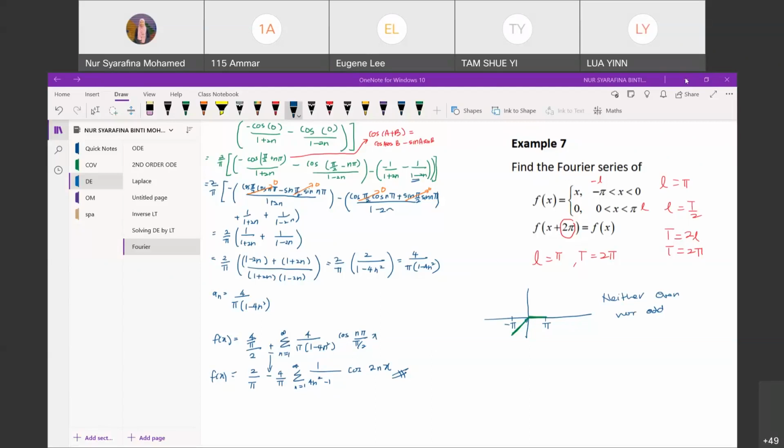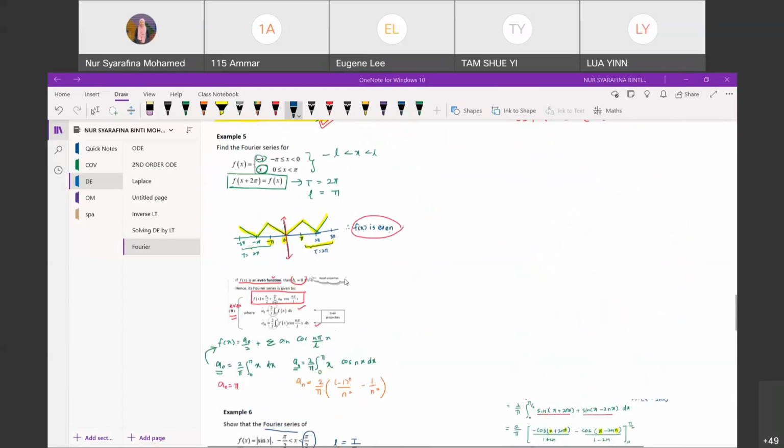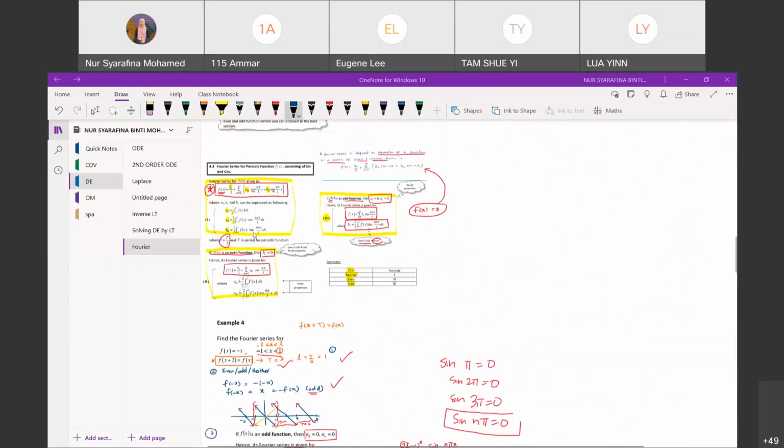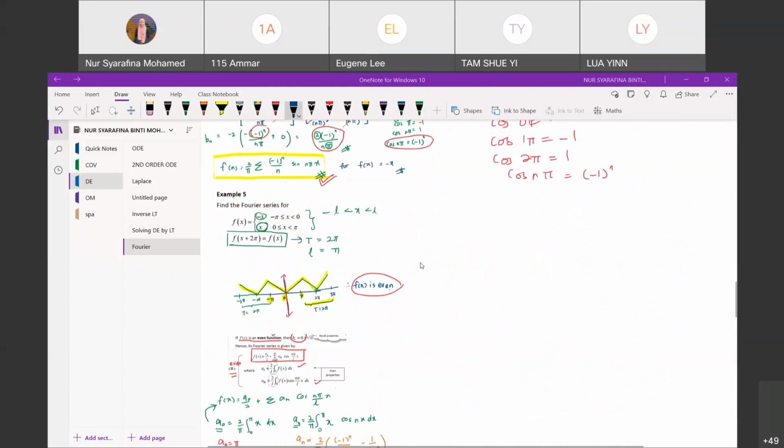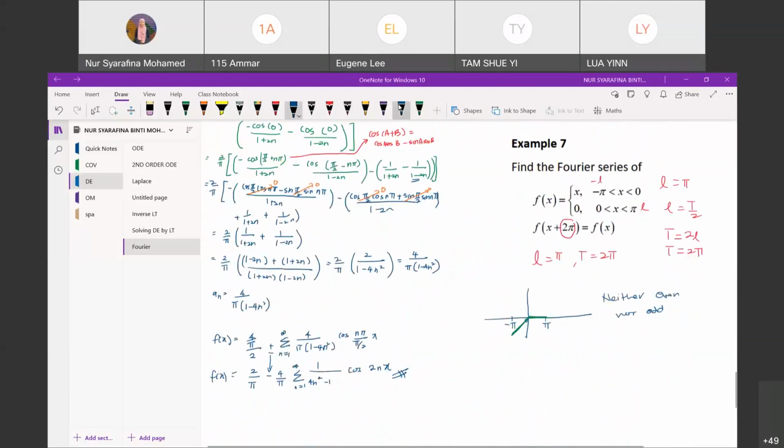So your A naught is what? What is the formula here? A naught equals 1 over L, integral from minus L to L of fx dx. L is pi, so here from minus pi to pi.